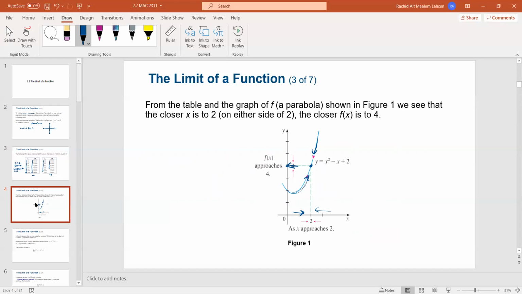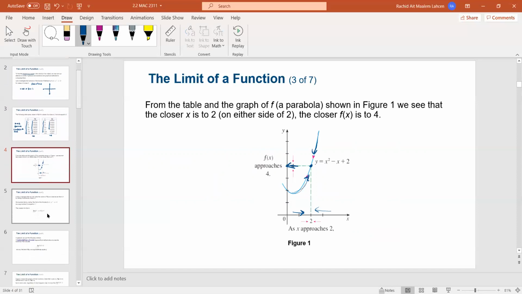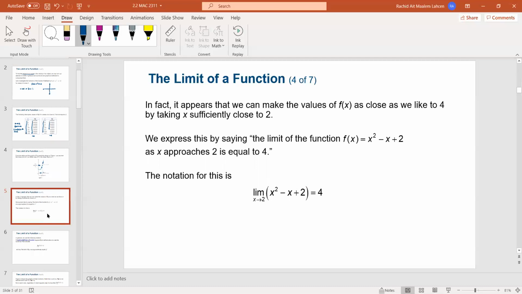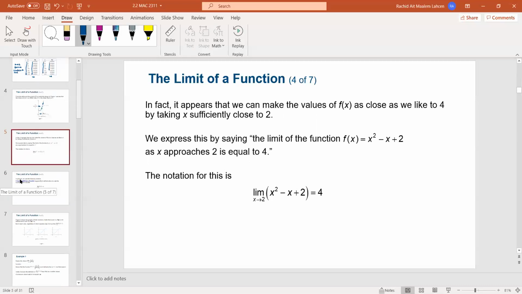So this is the basic introduction to it. The limit of the function f of x as x approaches 2 is equal to 4.